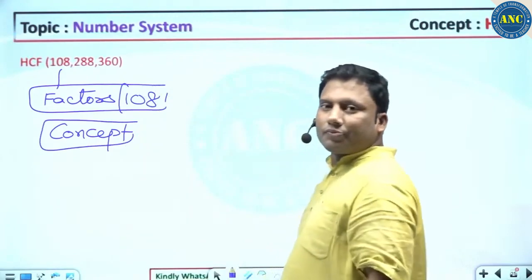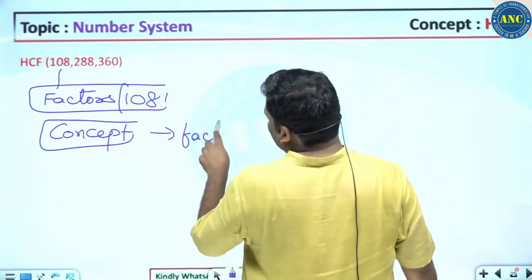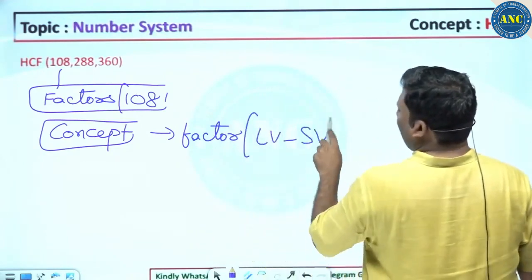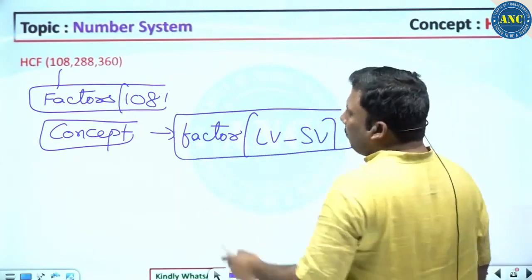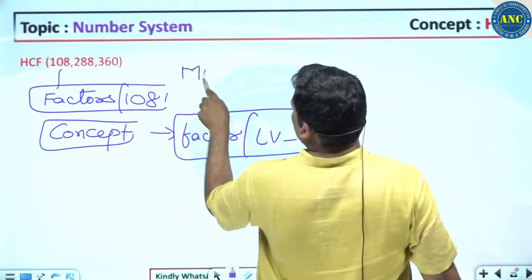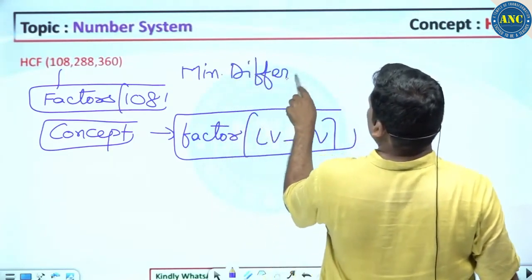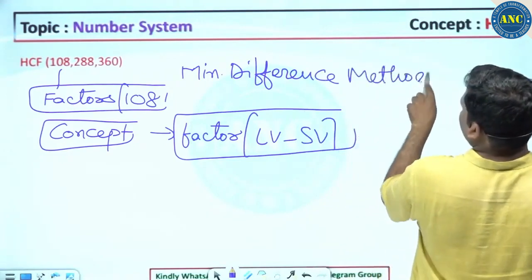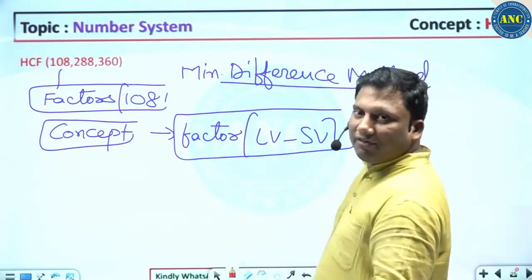The answer will be a factor of the largest value minus the smallest value. HCF can also be determined by the minimum difference method. This is the most popular method taken from the NCERT textbook.